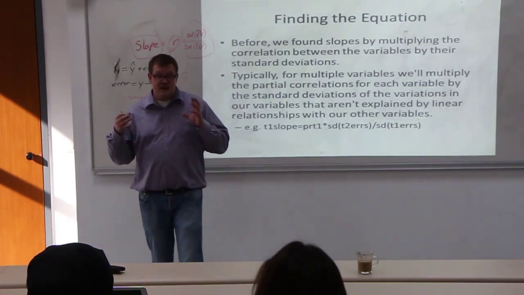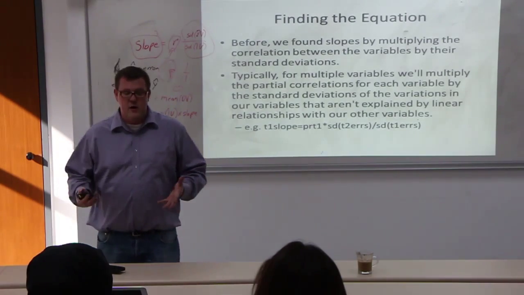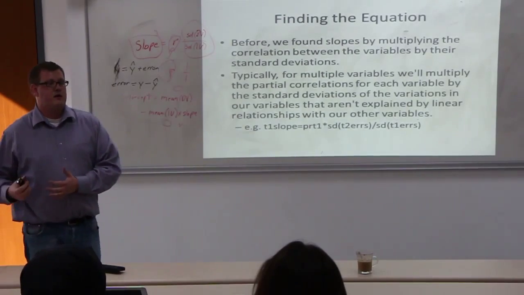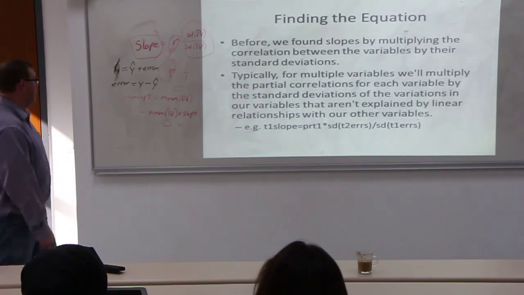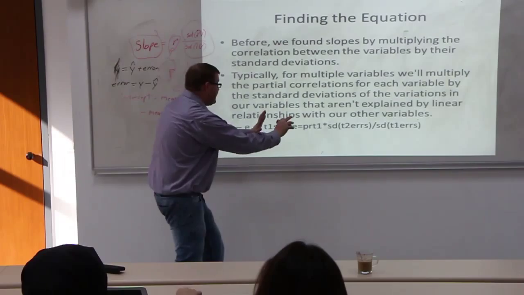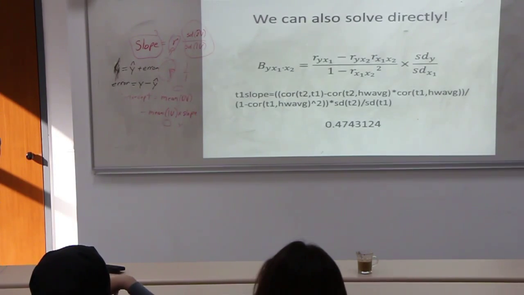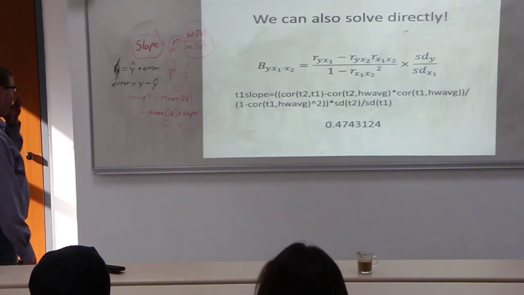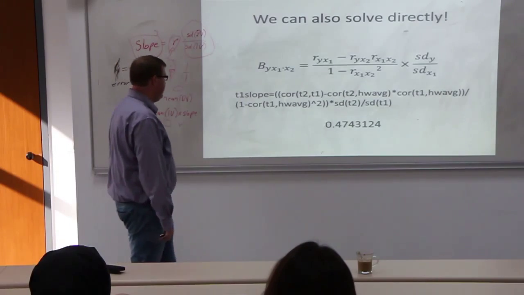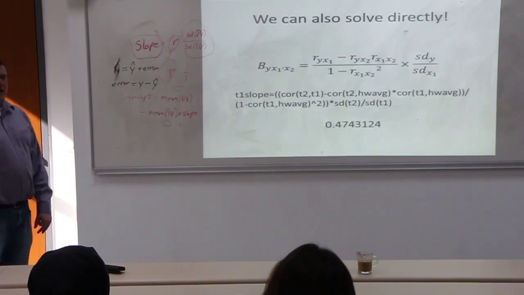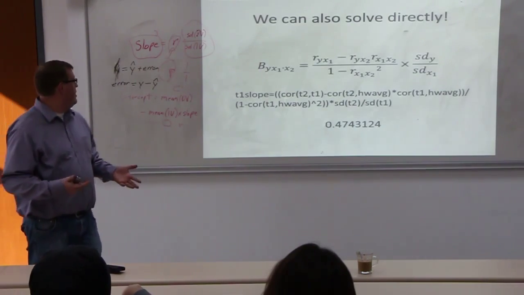That is what's left over in our test 1 after we've pulled out the variance related to homework. So this all has to do with fully partial. We can solve this directly. Yay. There it is. And we get 0.47432124.